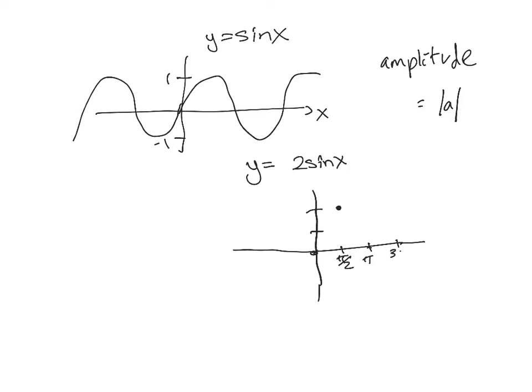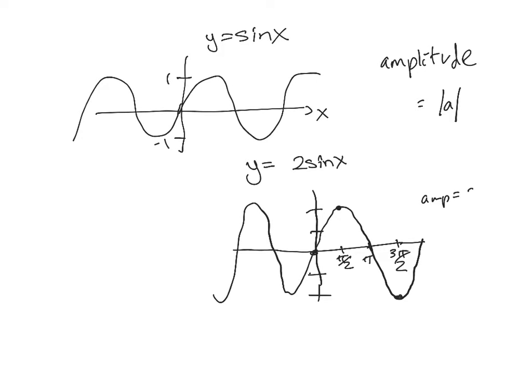And at 3 pi over 2, instead of being at -1, I'd be at -2. And so on. So this graph would be stretched vertically, with an amplitude, and it keeps going in the negative direction too. So the amplitude in this case would be 2. So that's something worth noting.